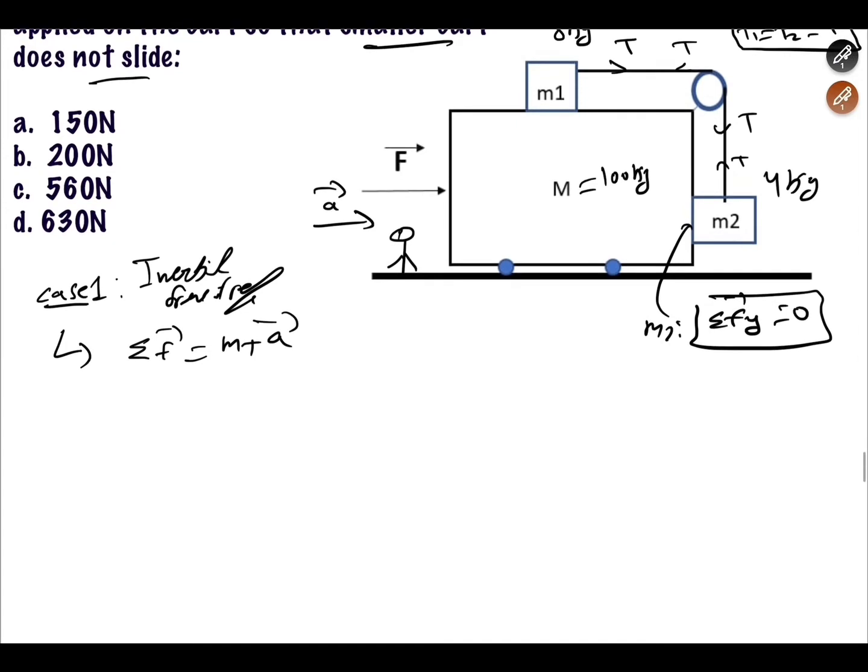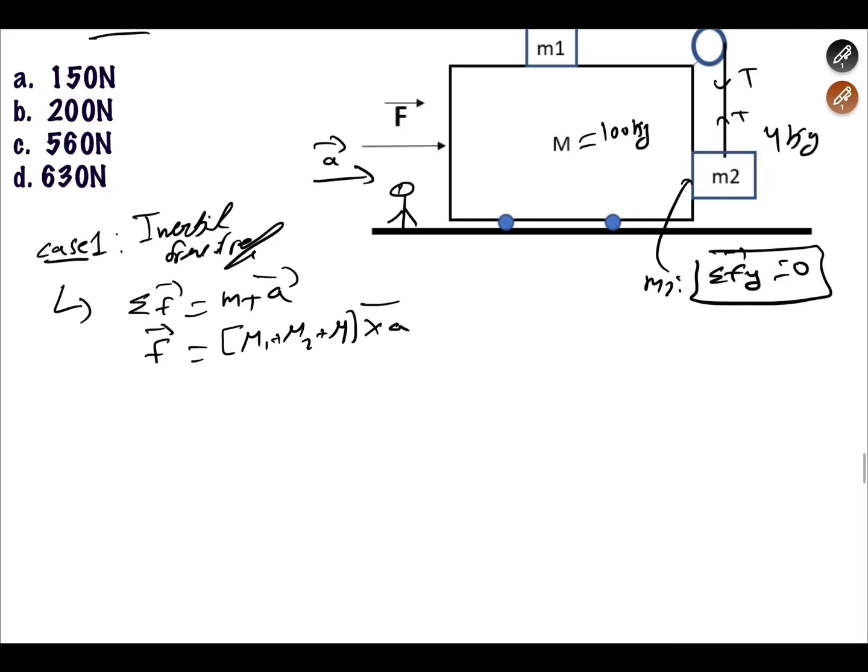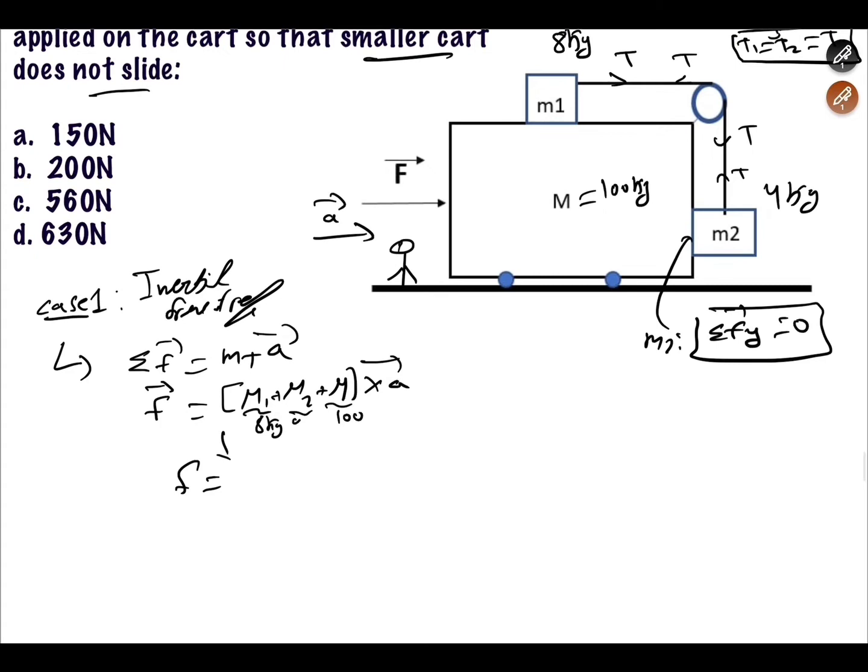We have only one external force F equal to the total mass, meaning M1 plus M2 plus big M, multiplied by acceleration a. With M 100 kilogram, M1 8 kilogram, and M2 4 kilogram, we get F equal to 112a.